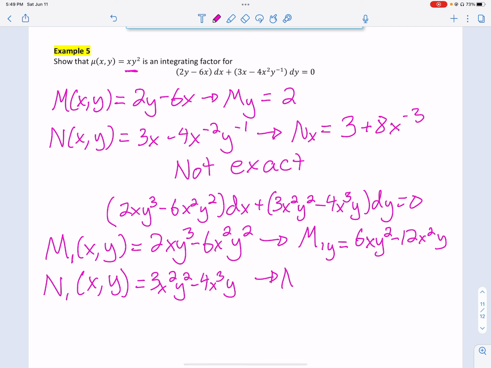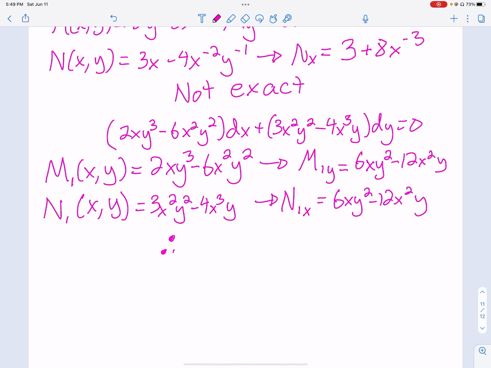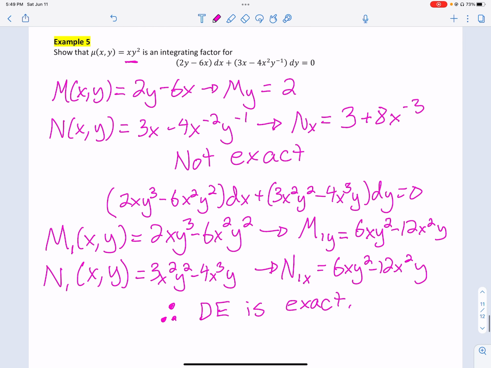If I take the partial with respect to x, we get 6xy^2 minus 12x^2 y. Therefore, our new DE is exact. So what we just showed is that there is a way to manipulate equations by multiplying by an integrating factor. This is one of those useful things, making not-exact equations exact, and this idea of an integrating factor is what will be useful if you use DEs in your fields.